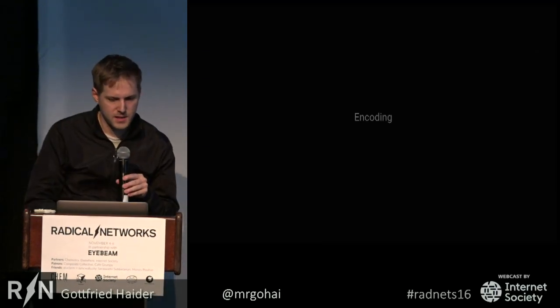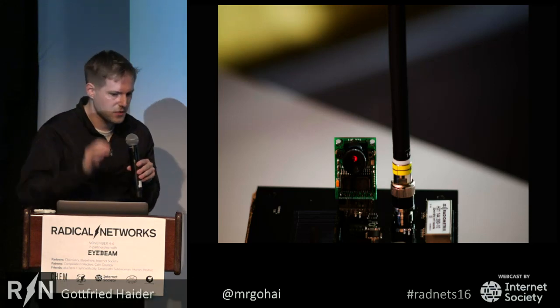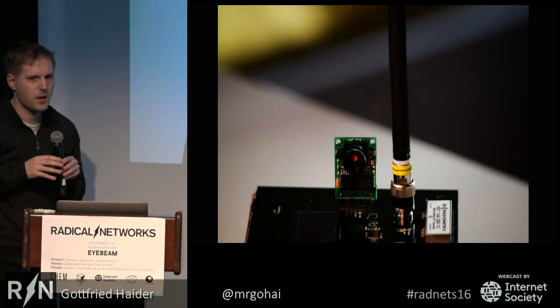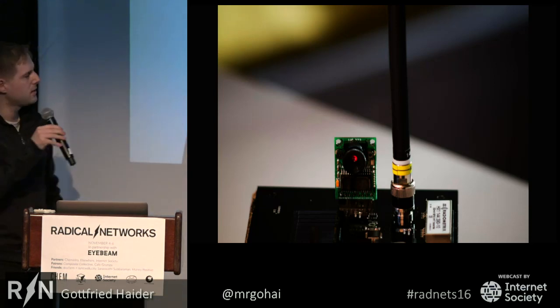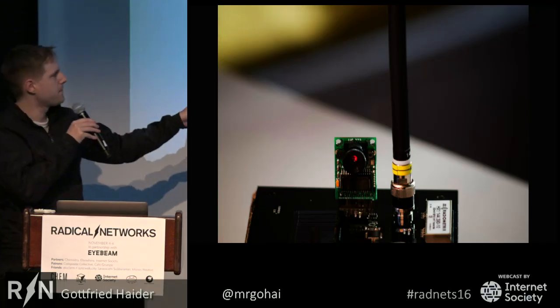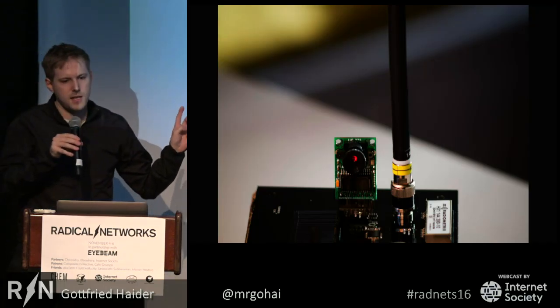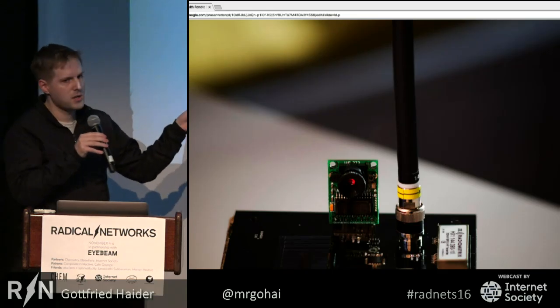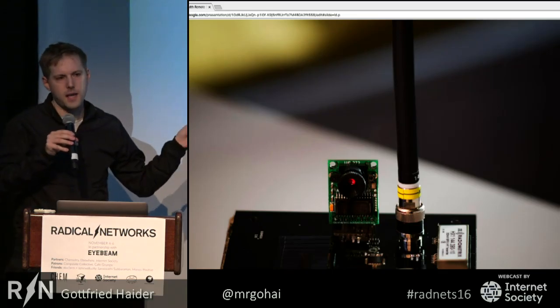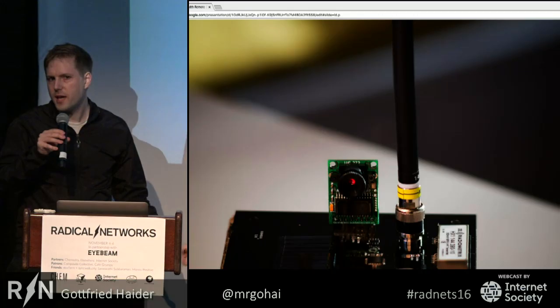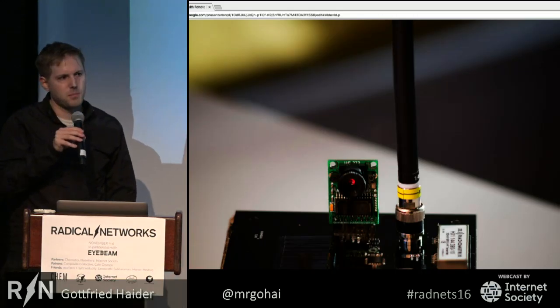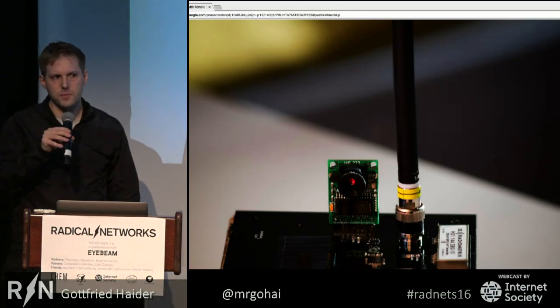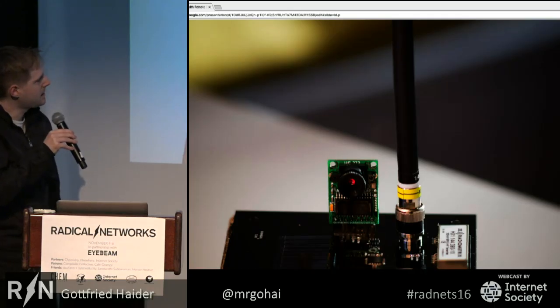Encoding. So a little bit of how this thing is working, or is going to work. This is using a commercially available camera kit. It's called ArduCam. Both the software and the hardware are open source, and it's really nice.